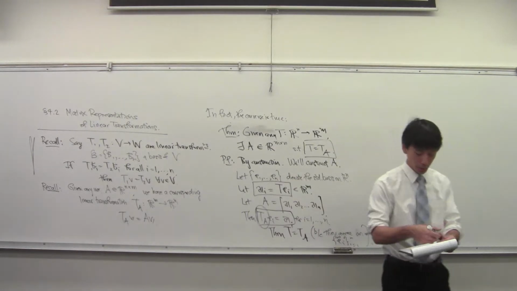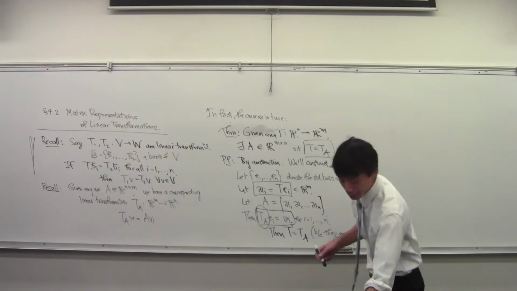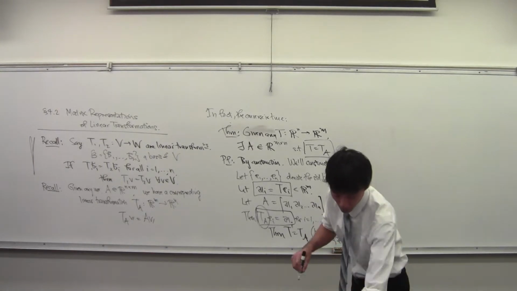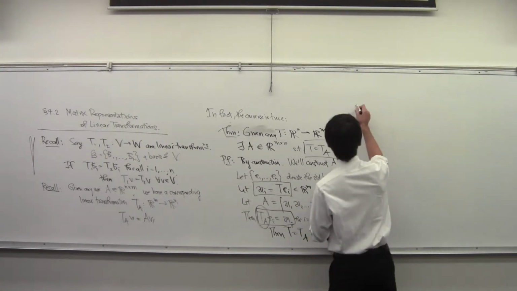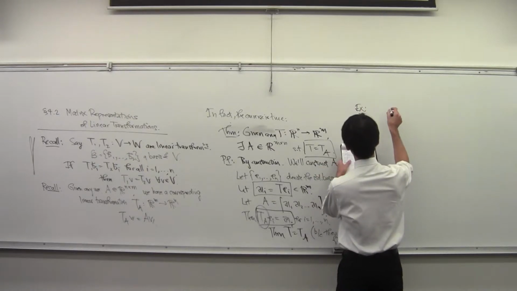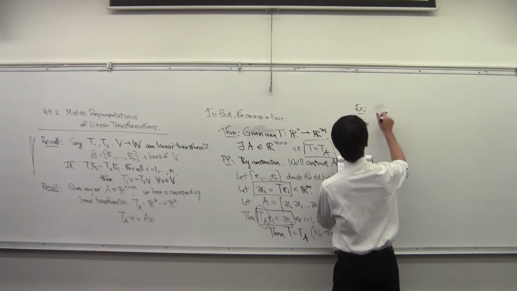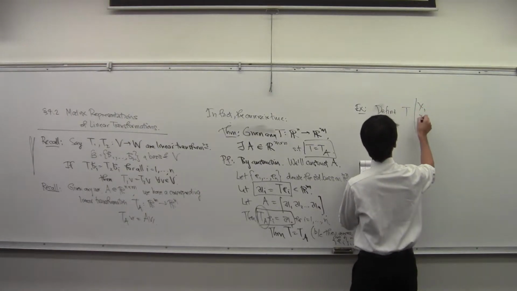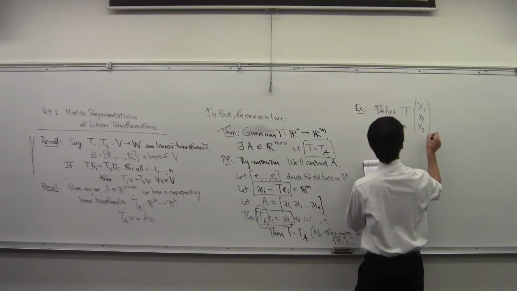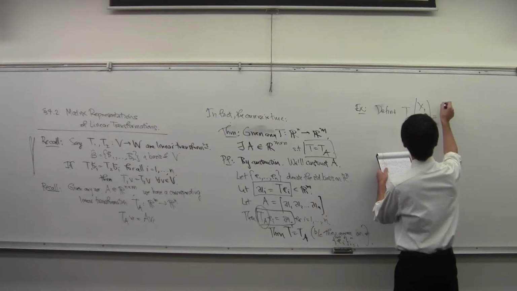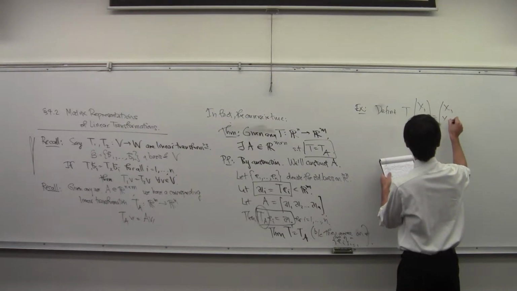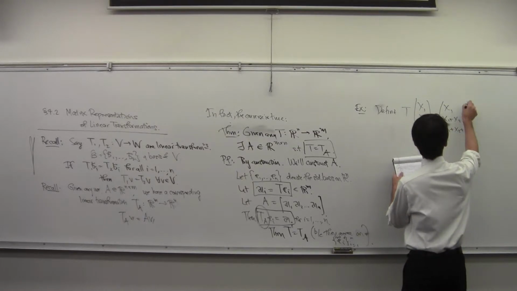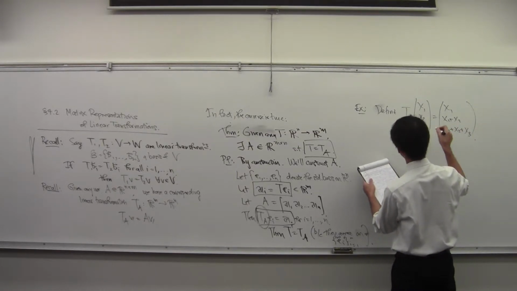Okay, so let's do an example of this. It's like a homework problem. Let's define T of x1, x2, x3 as x1 plus x2, x1 plus x2 plus x3.